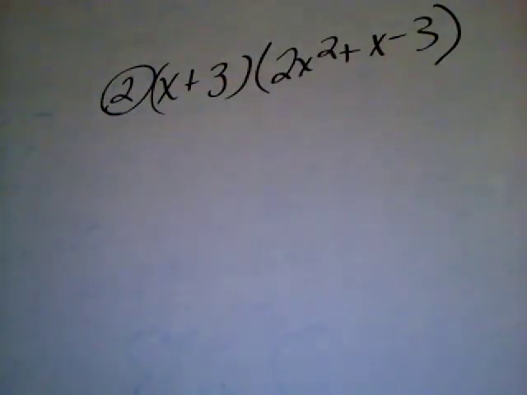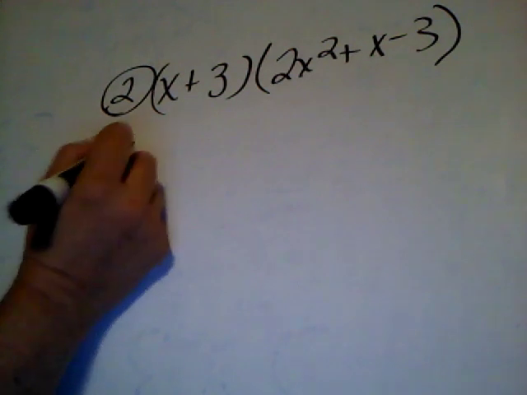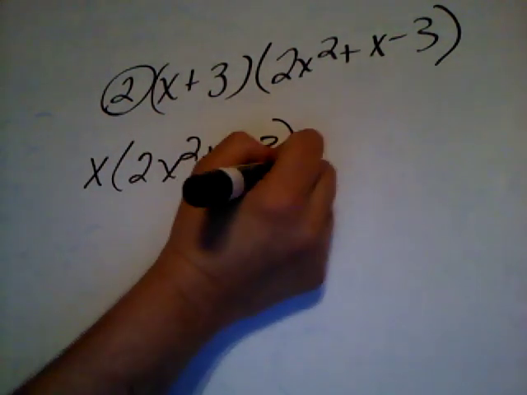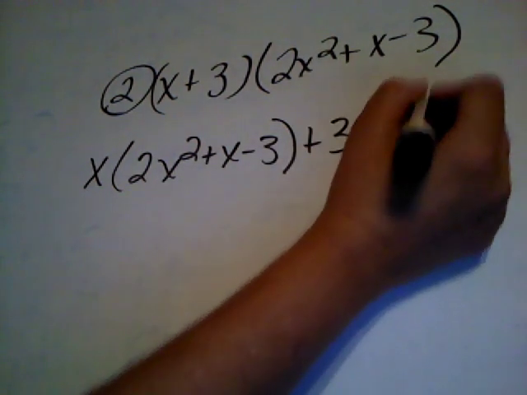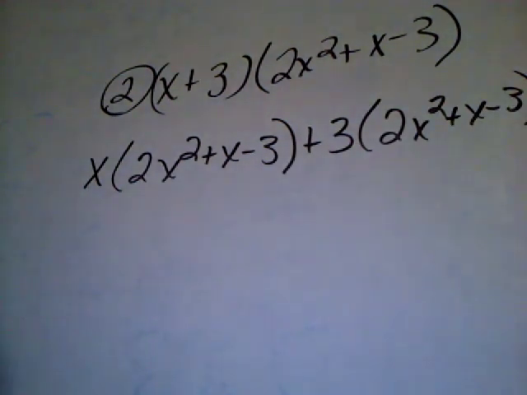This time I'm going to use the horizontal method. The horizontal method says that I take the x and I distribute it, and then I add it to the 3 and I distribute. And then I just need to distribute out my x.